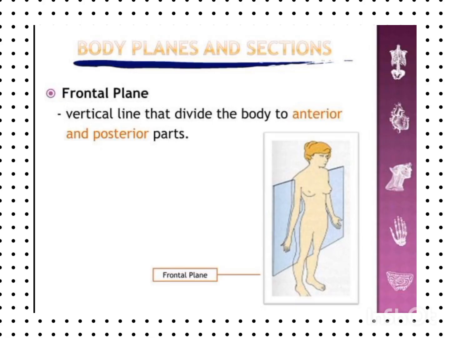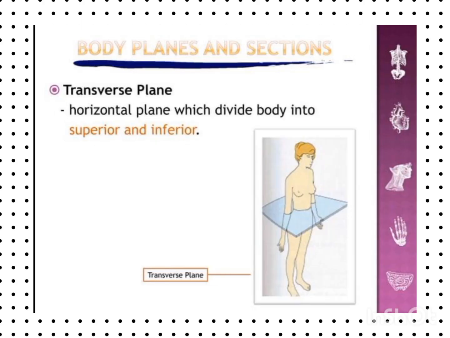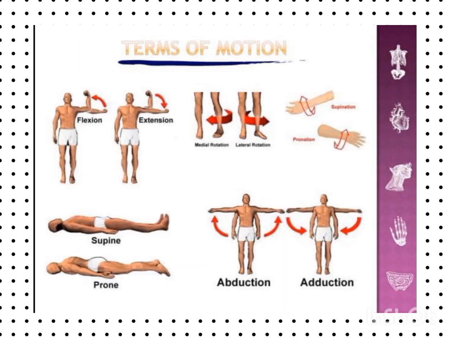The next, which is the last one, is body cavities, where we have the dorsal cavity, which protects the nervous system and has two subdivisions: the cranial cavity, where we find the brain, and the spinal cavity, where we find the spinal cord.